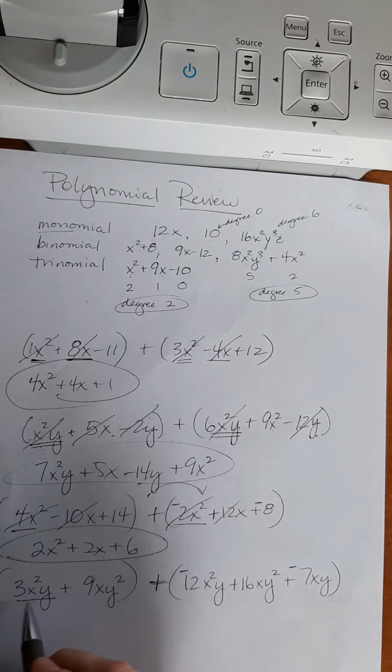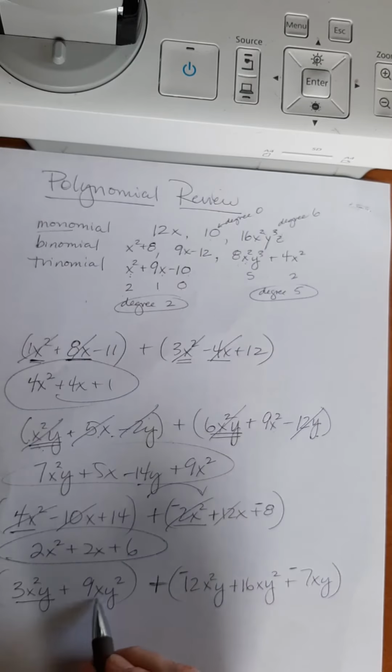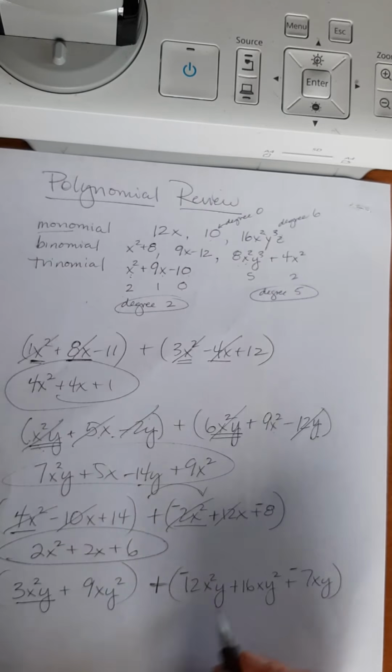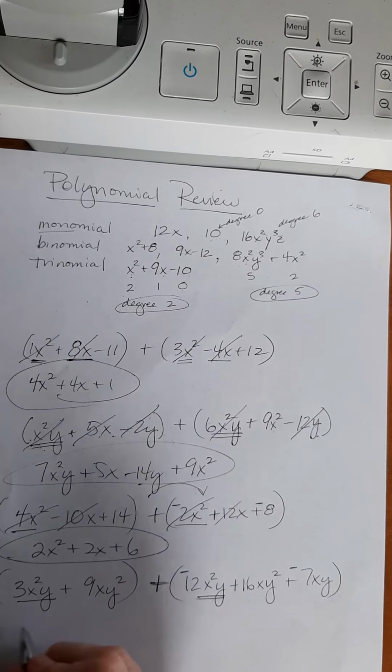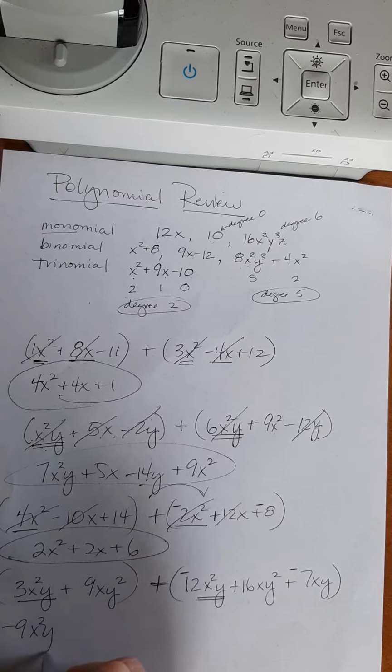So we got 2 x's and a y, 1 x and 2 y's, so totally different. 2 x's and a y, so negative 9. 1 x, 2 y's, 1 x, 2 y's, so 25, because 16 and 9. Just bring it down, because that one only has 1, so it has to stay by its lump sum.